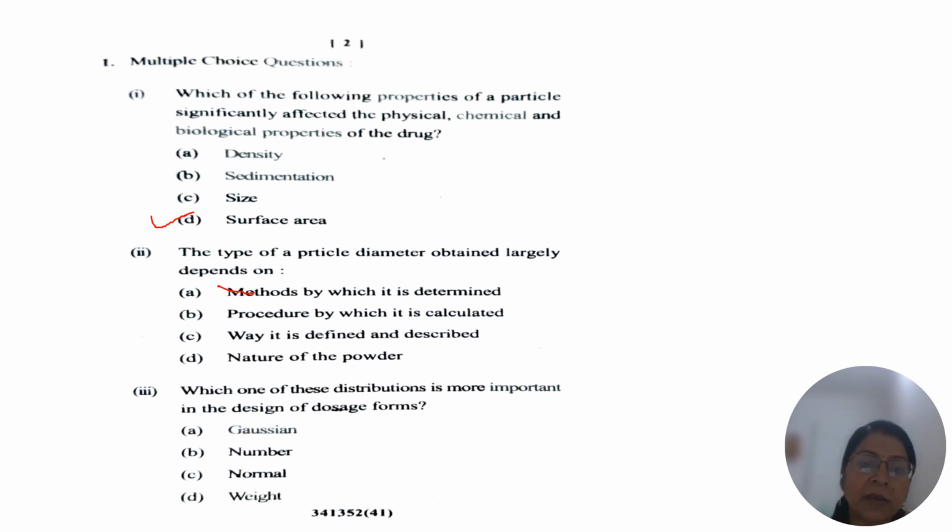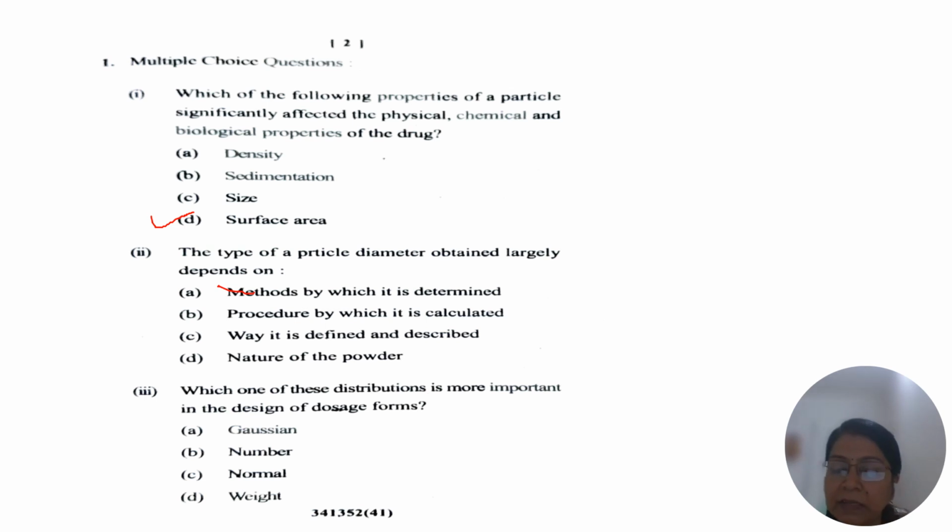The next question, the type of particle diameter obtained largely depends on that particle. You have seen that there are different methods for particle size determination, like microscopic method है, then sedimentation method है, counter method is there, and sieving method is there. And the method by which the particle size is determined, the diameter is known by that method.